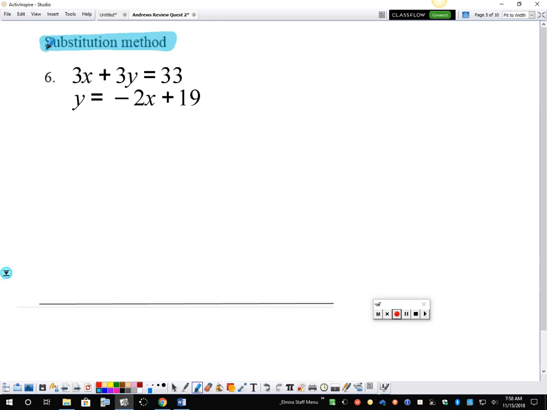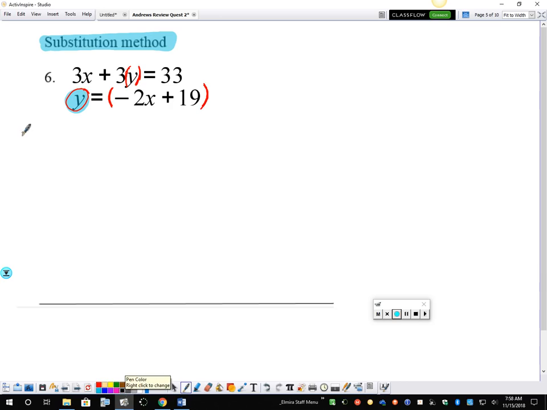So substitution method, that's when we have one variable that's isolated, and no other variables are. So we put all of this that it equals in parentheses. I'll put the y in the other equation in parentheses because that's the letter that is isolated. And then I will start solving.